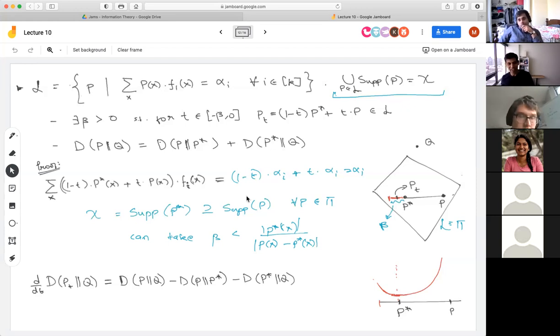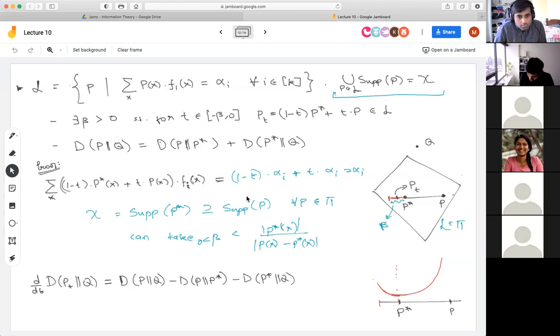It would decrease it by t times P minus P star. So if you take t to be 0.1, it will decrease P star of x by 0.1 times P of x minus P star of x. Again, it's a simple check, but there is some positive beta such that I can take t to be up to beta.